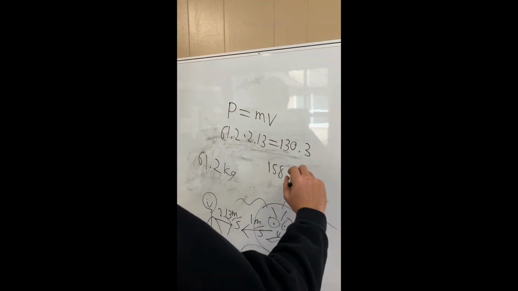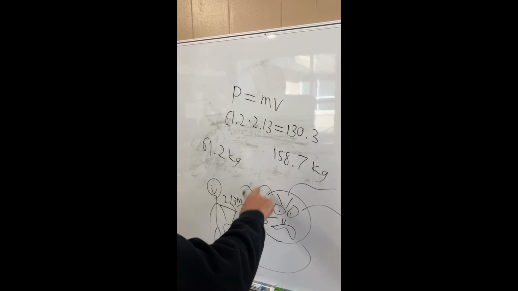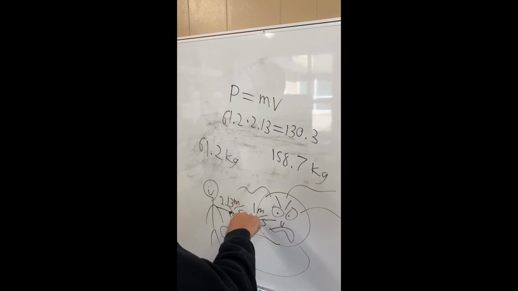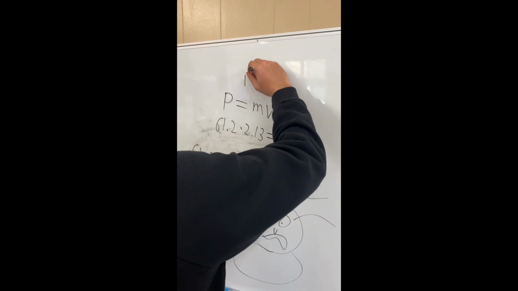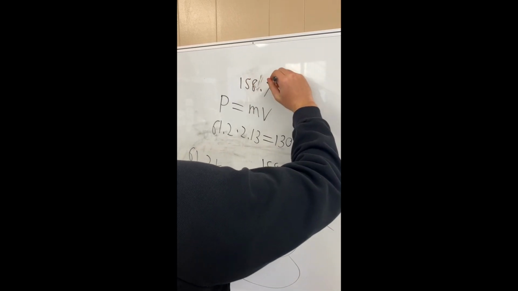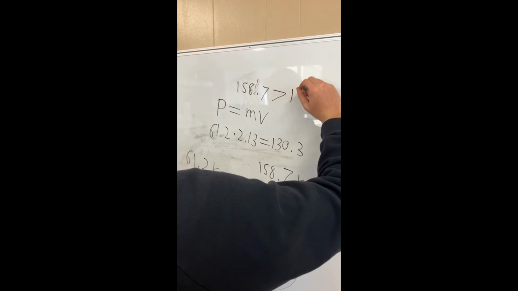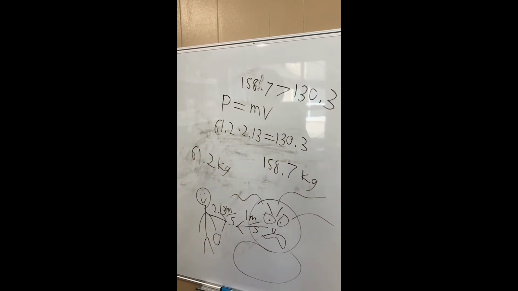And then we do the same thing for Ronan, so it's 158.7 times 1. So Ronan's momentum was greater than Dirk's momentum. And that is why Dirk was not able to push through Ronan to make the basket.